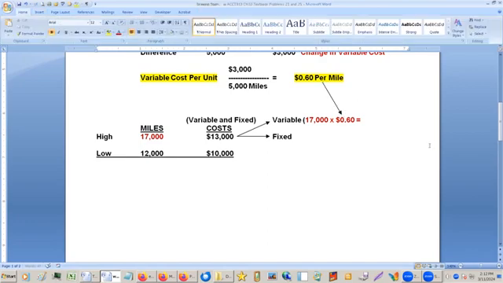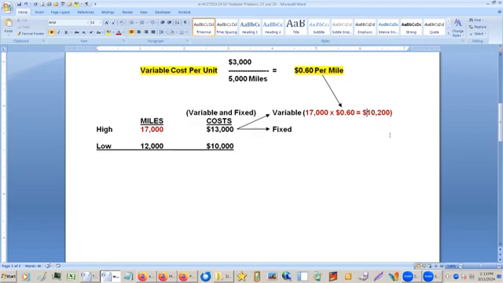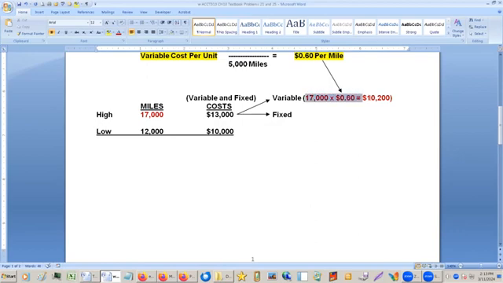So you have to get the variable cost first. Let's see. 10,200. Let me change this. Okay, so of this 13,000, variable is 10,200.